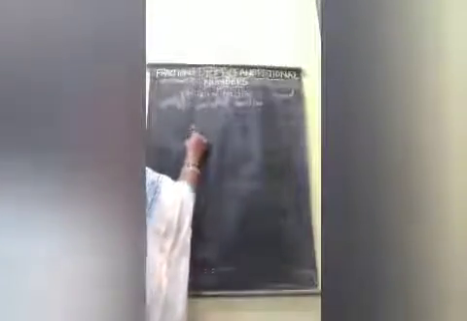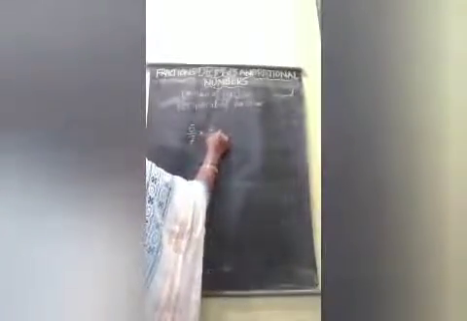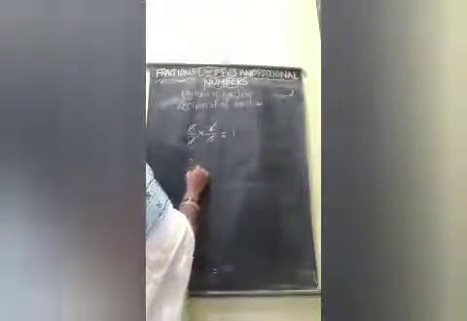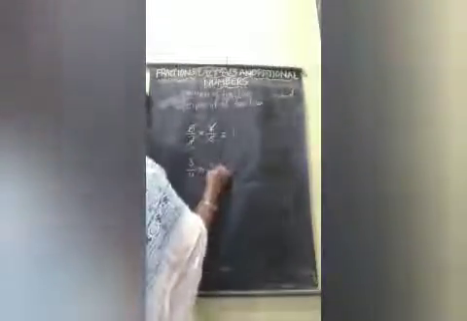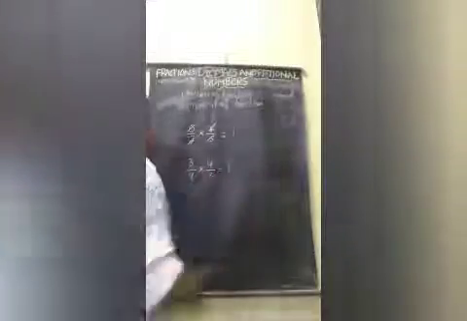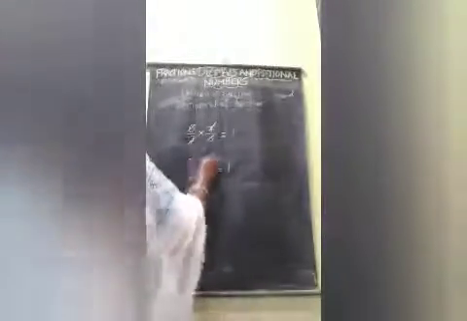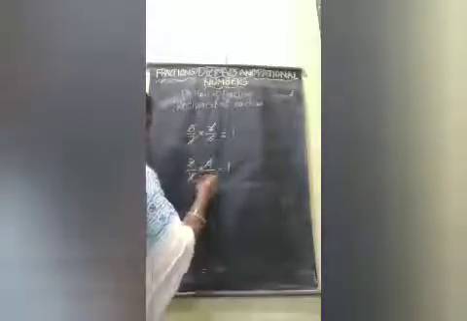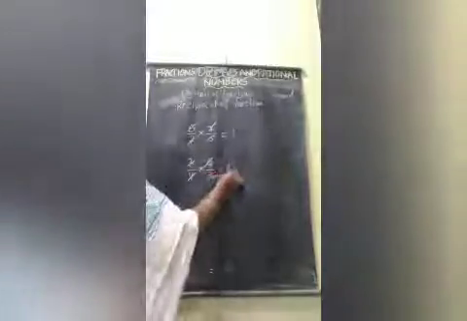What is the reciprocal of a fraction? Let us see. For example, 5 by 7 multiplied by 7 by 5, you can cancel 7 and 7, 5 and 5, you get 1. 3 by 4 multiplied with 4 by 3, 4 cancels, 3 and 3 cancel, that is equal to 1.